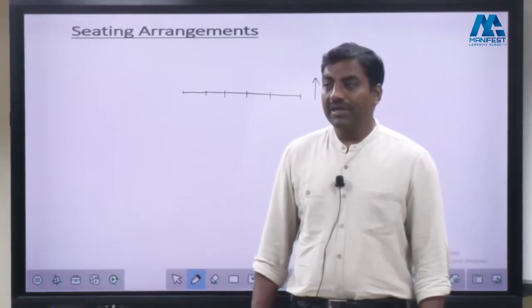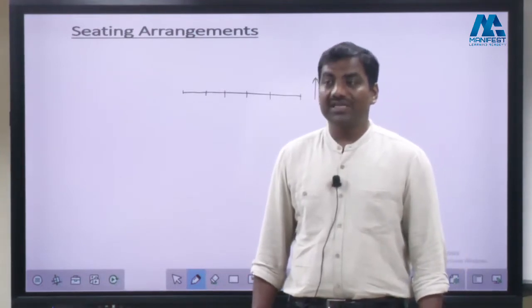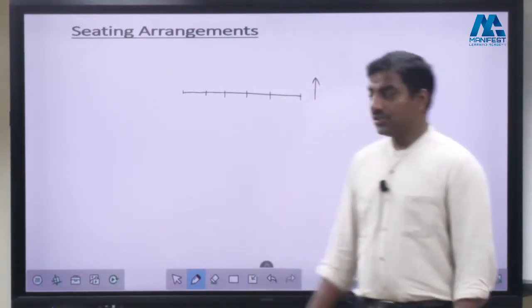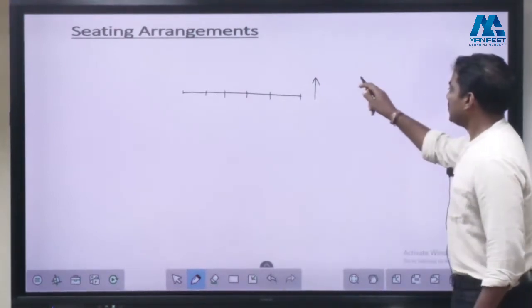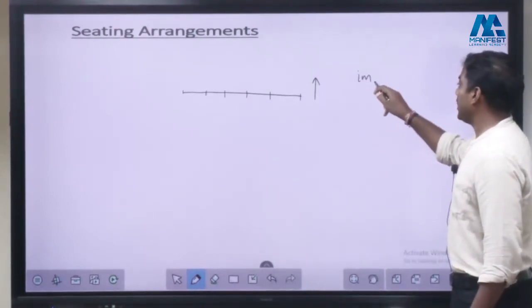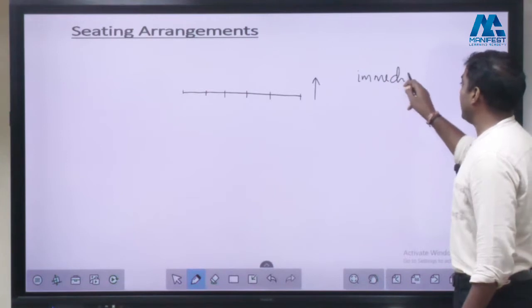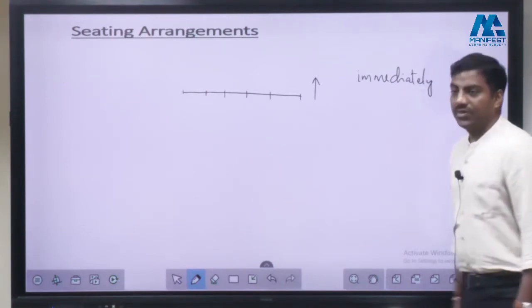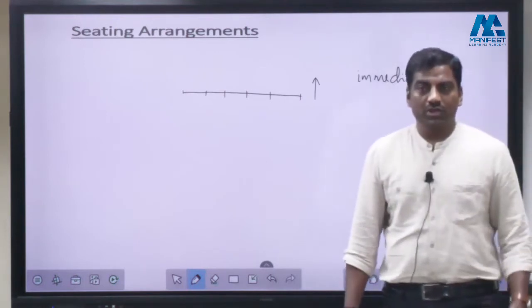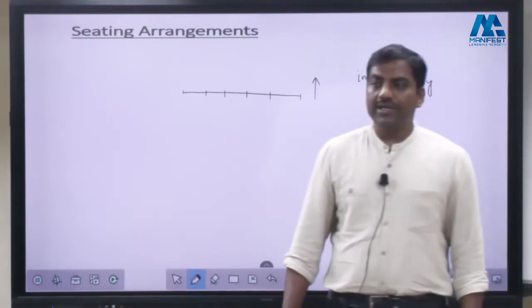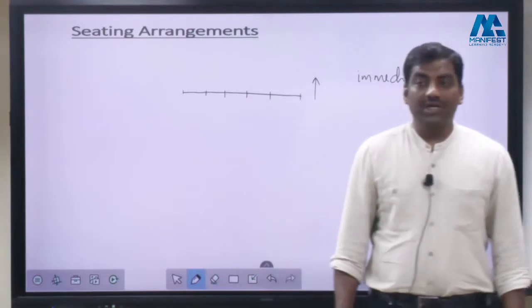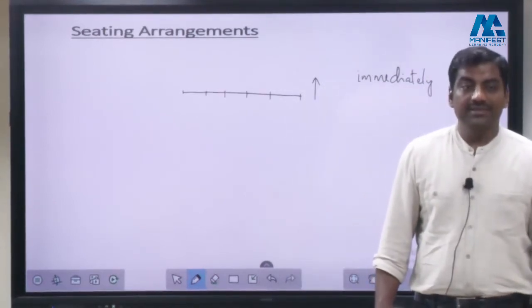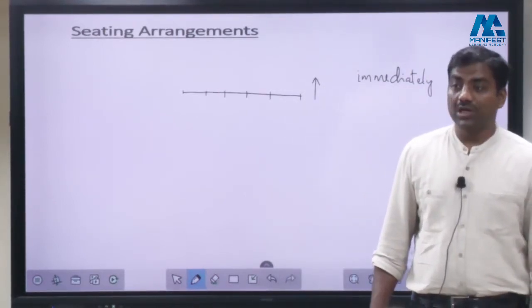A is sitting immediately next to B. That means A and B are neighbors. So in these positions, immediately is very important. Immediately means the immediate neighbor, to the left or to the right. And when we say to the left and to the right, it is not our left and our right, it is the left and right of that particular person.